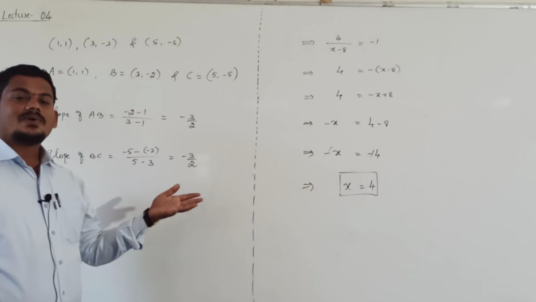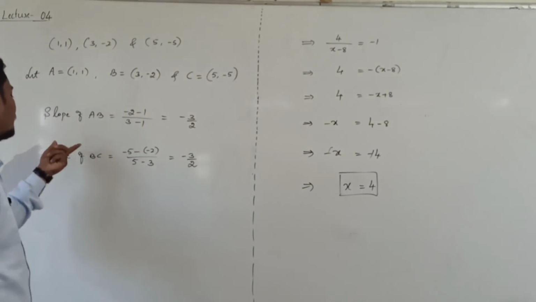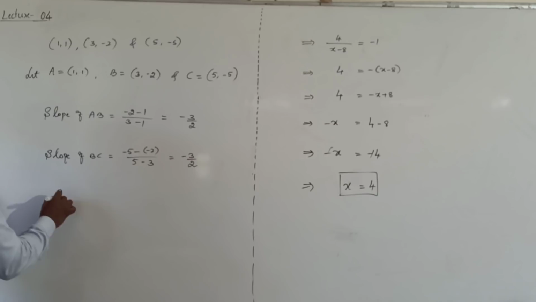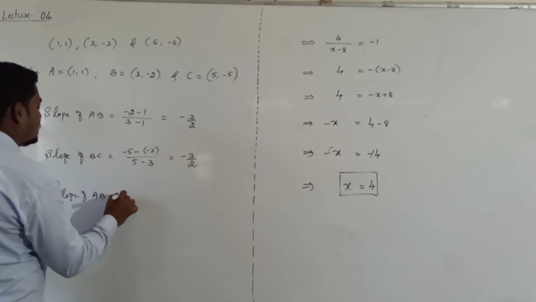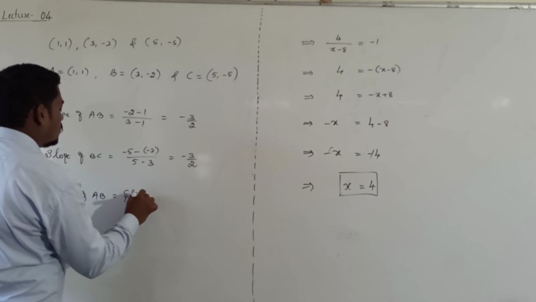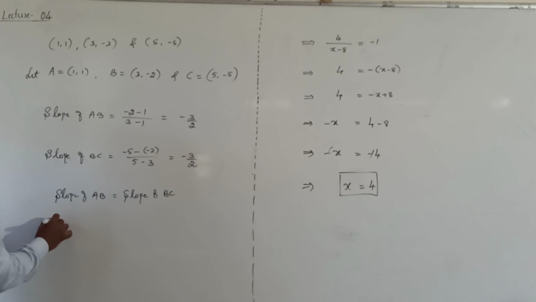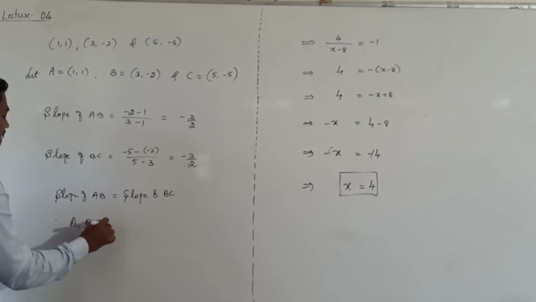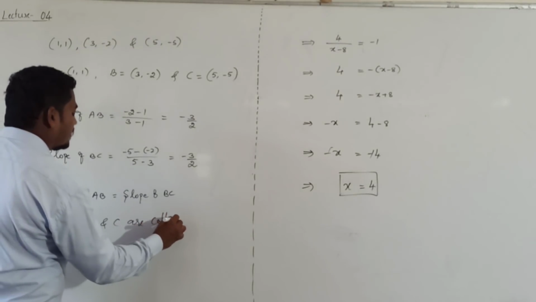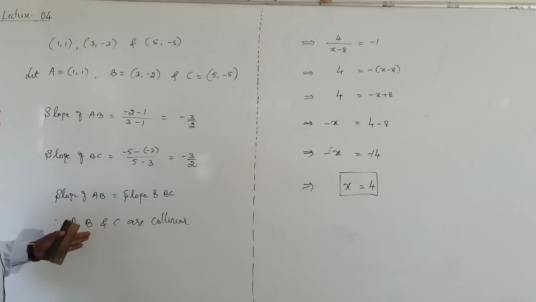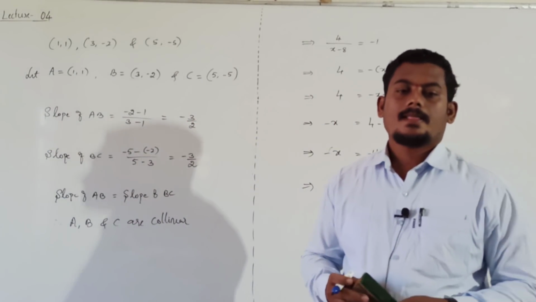Slopes are equal, so what do you conclude about the three points? Clearly they are collinear. Slope of AB is equal to slope of BC. Therefore, A, B and C are collinear, which means the given points are collinear, right?